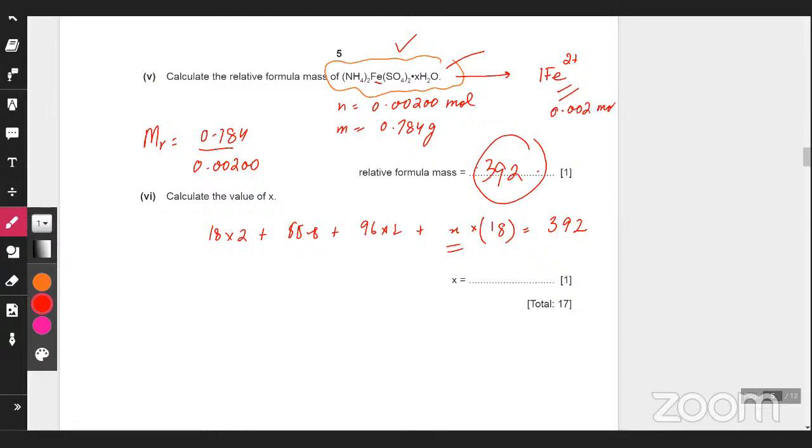So one compound would produce one Fe, so the moles of compound would be exactly the same. So we found the moles of this compound. We knew the mass of this compound, what initially they had given us. So we found the Mr, which came out to be 392. And the last thing is you just find the value of X at the end.